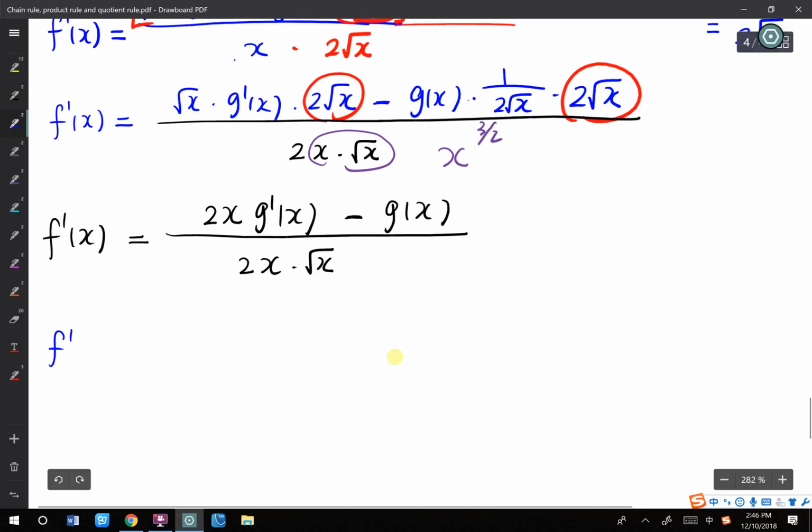Now I can sub 4 in, f dash 4, that's 8 times g dash 4 minus g4 over 8 times root 4.